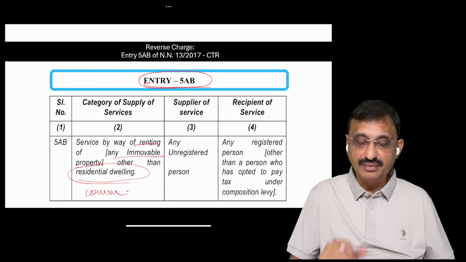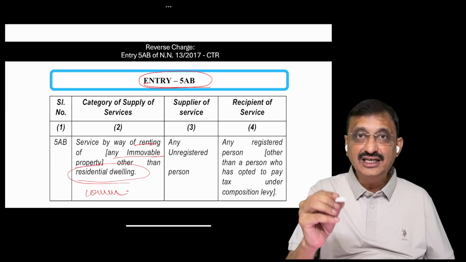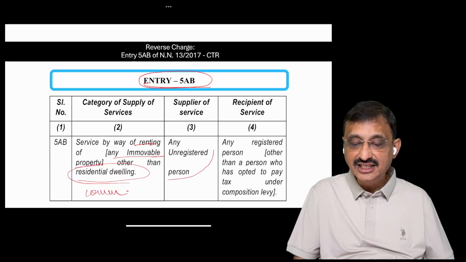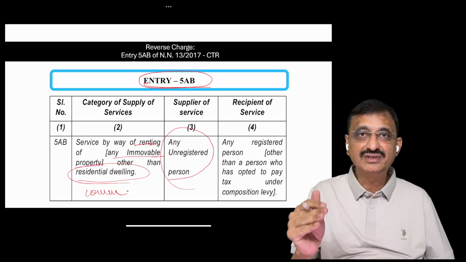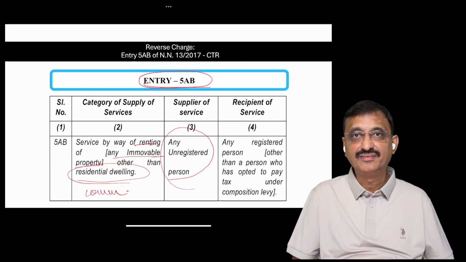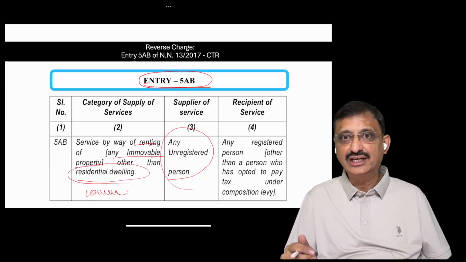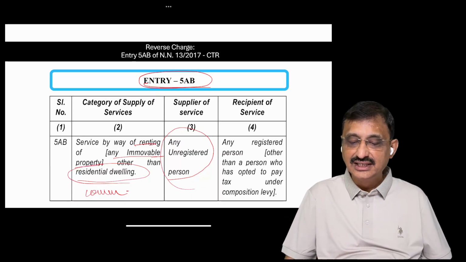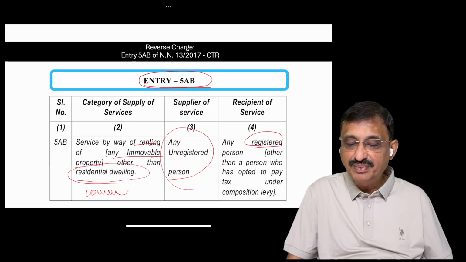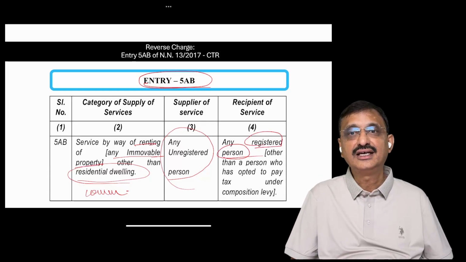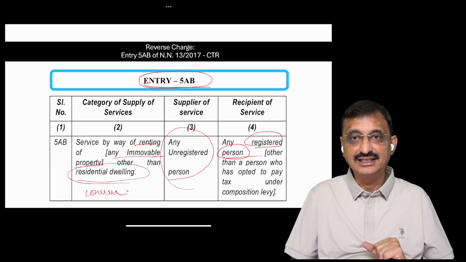Now, who is the landlord? The landlord is an unregistered person, or the supplier of service is an unregistered person. Now, who is the tenant or recipient of service? The tenant is a registered person.